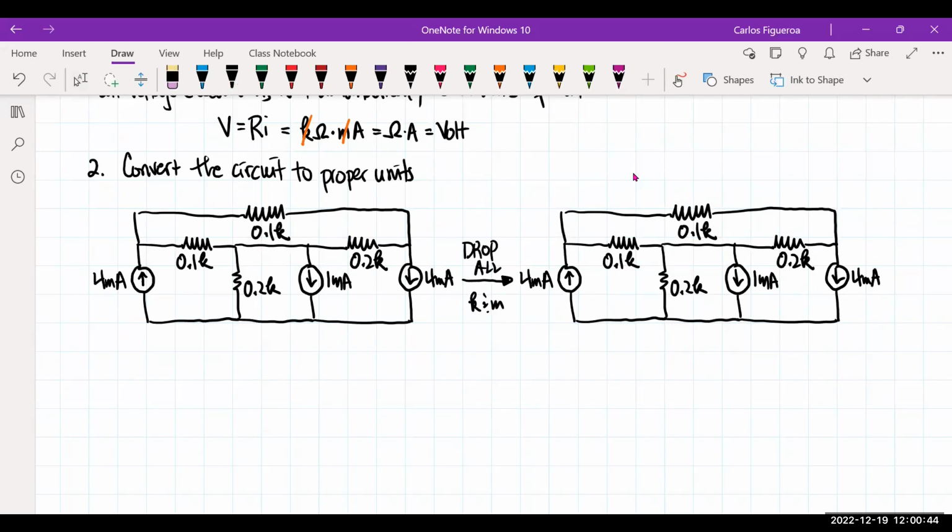So that means when I look at my source here, it's really 4 amps. Then I take all of my Ks out. Again, I'm going to have 1 amp and then 4 amps here. And this is the circuit that you want to deal with right here.